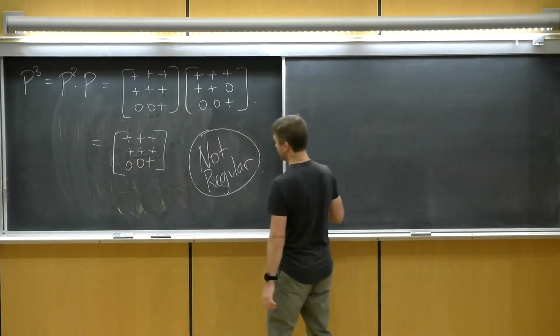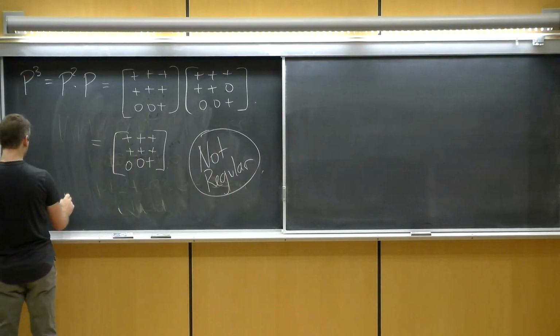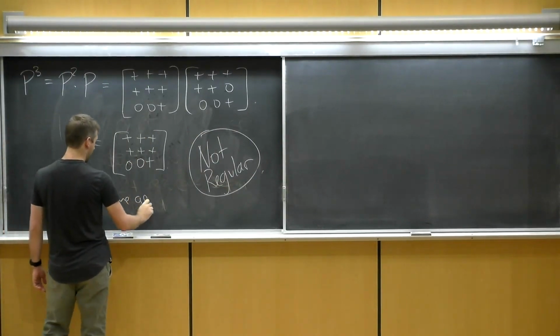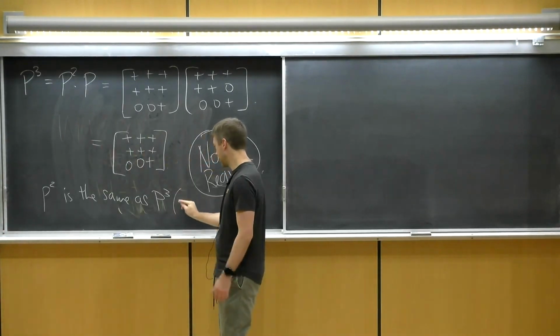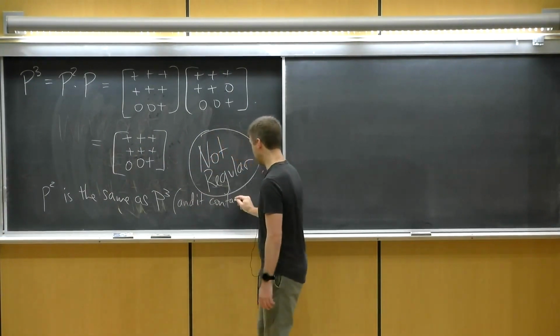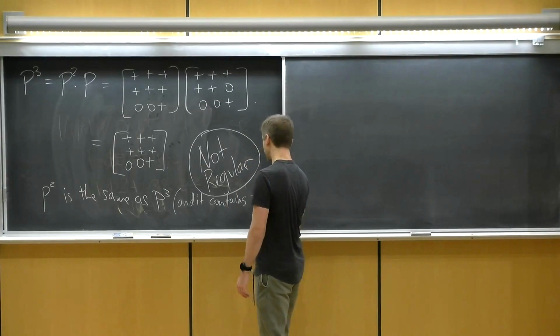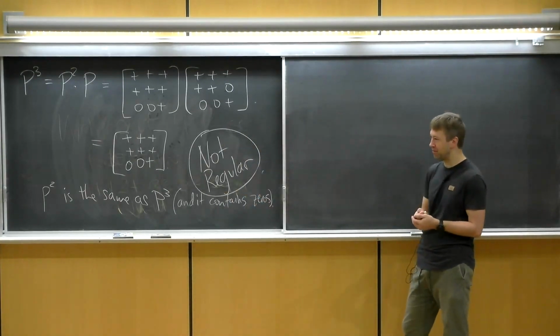So the reason it's not regular is because P squared is the same as P cubed, and it contains zeros. Obviously, if P squared was all positive and it was the same as P cubed, that wouldn't be a problem.